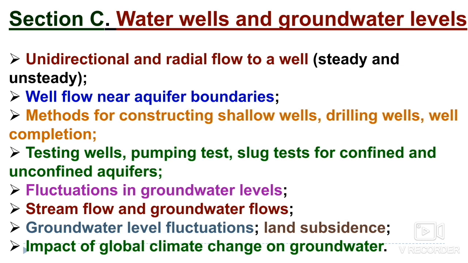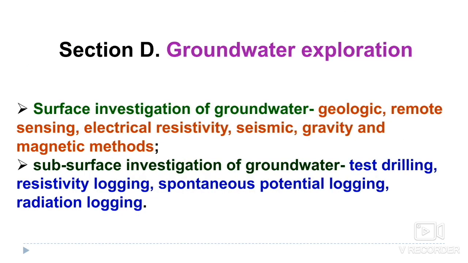That is very important. Fluctuation in groundwater levels, what are the reasons for the fluctuation in groundwater level, that is important. Stream flow and groundwater flows, groundwater level fluctuation. I think both the topics are the same. And land subsidence, meaning why the land subsides, impact of global climate change on groundwater.